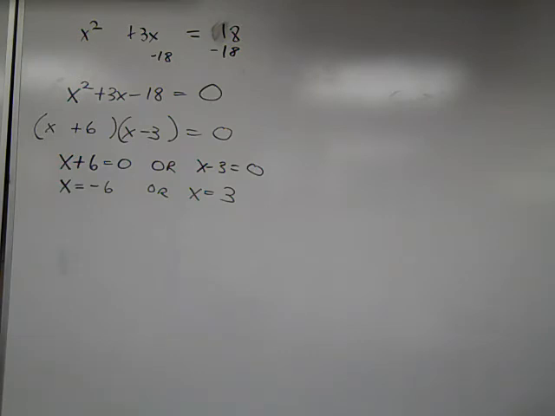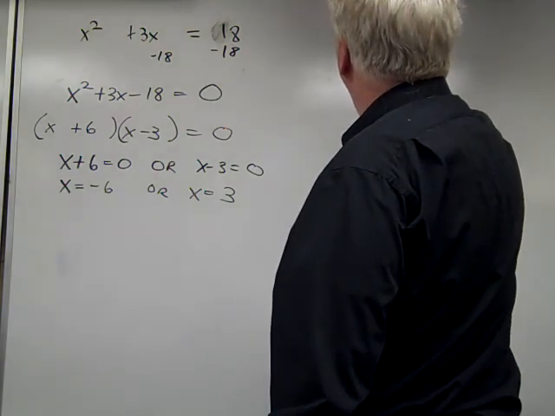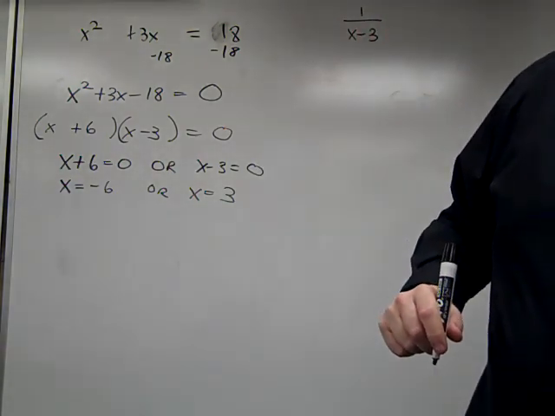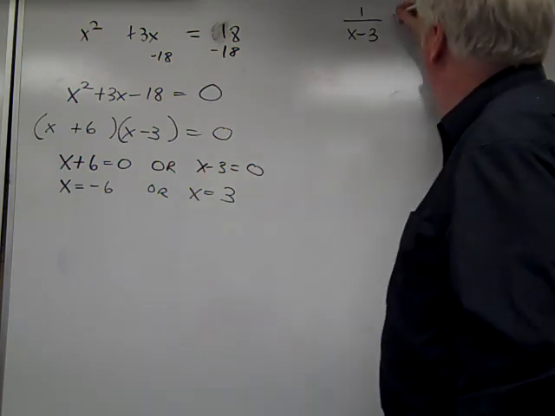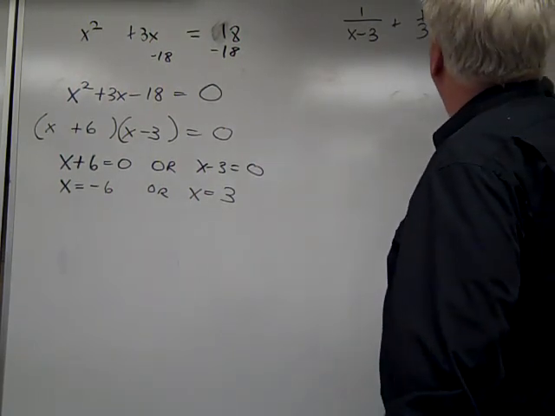But remember, we started off with these fractions, and we have to make sure that both of these solutions work in those original fractions. We saw yesterday a case where it didn't, and I'm betting we'll see today on this type of problem a case where it won't. So let's look at the original fraction again. 1 over x minus 3 plus 1/3 equals 6 over x squared minus 9.